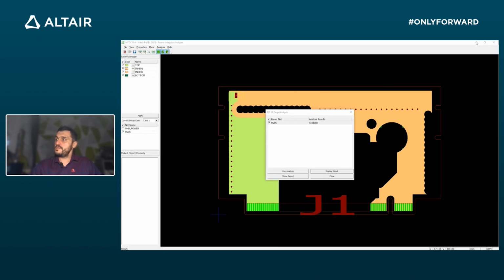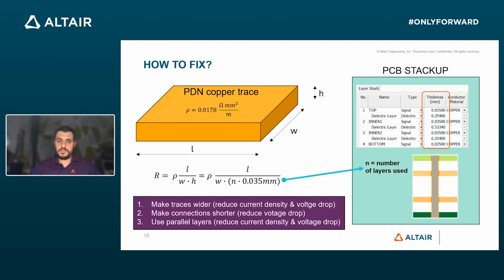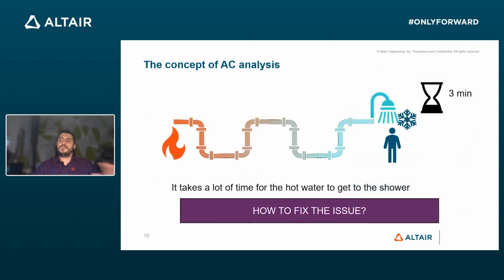So what else is important in power distribution networks? Let's go back to the presentation. What if we have a system where there's a heating element at one end, a long pipe, and we want to take a shower? We open the valve, and it takes 3, 4, 5 minutes to get hot water in our shower.